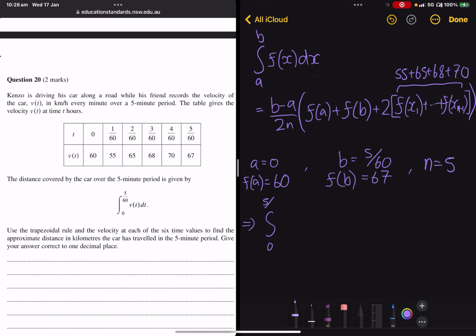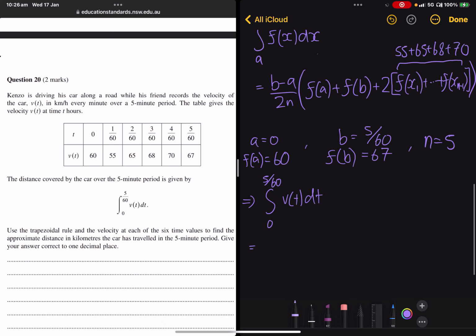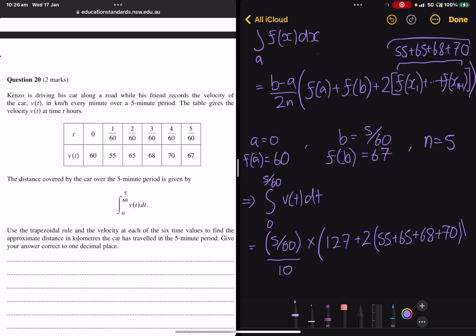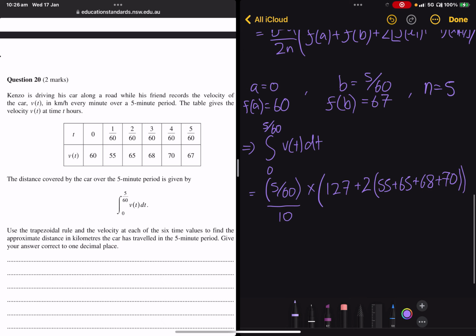This means we can now plug them in. The integral from 0 to 5/60 of v(t) dt is equal to b minus a, that's 5/60 minus 0, so just 5/60, divided by 2 times n, that's 10, times f(a) plus f(b). f(a) is 60, f(b) is 67, so that's 127, plus 2 times the sum of numbers up here: 55 plus 65 plus 68 plus 70. Now the entire thing can just go in your calculator.